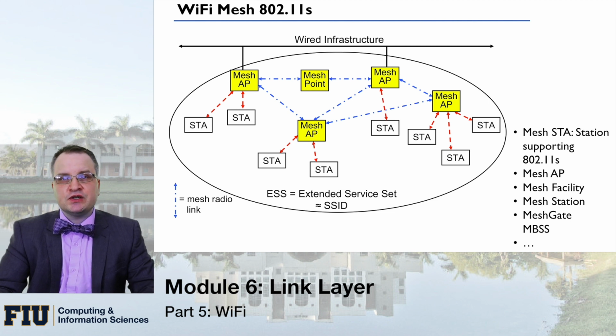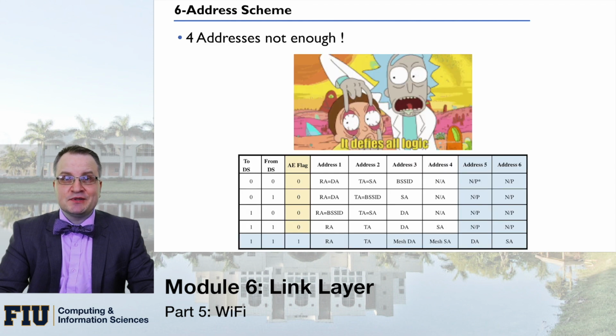In addition, they wanted backwards compatibility, to work with traditional Wi-Fi and traditional Ethernet. As a result, there's a little more complication on top of those 4 addresses. We've added 2 more, and again, those are not used in all cases.